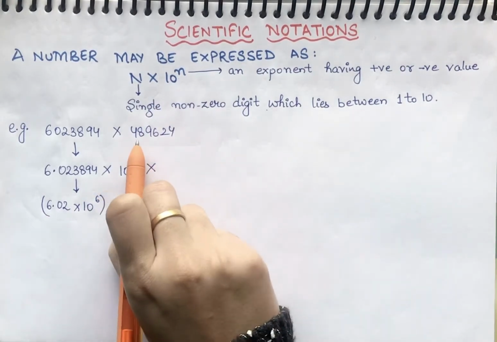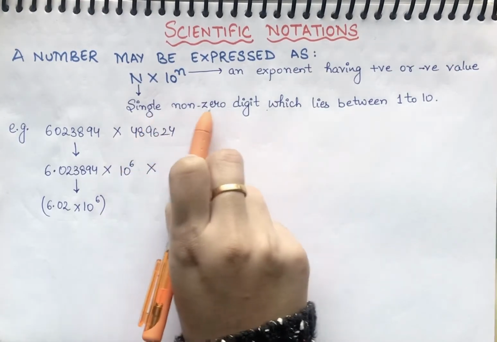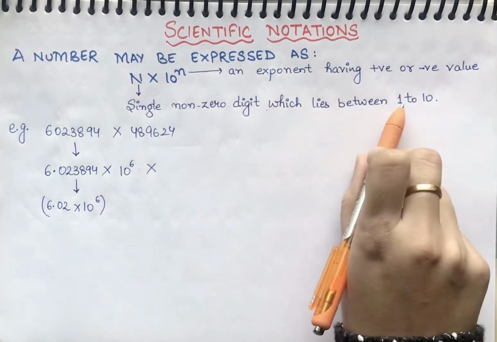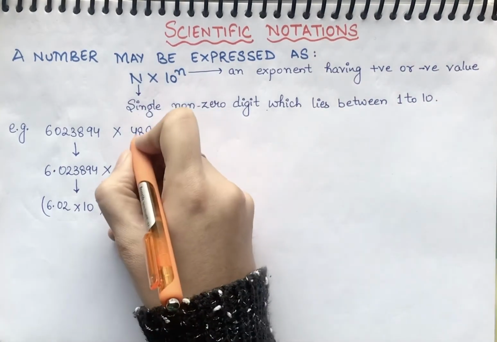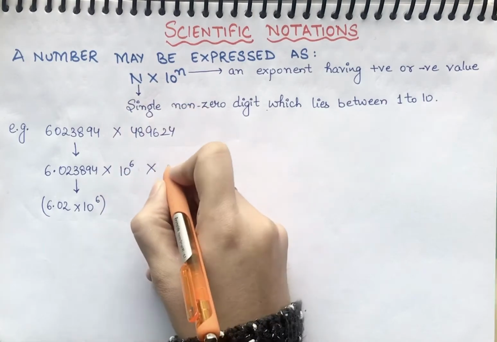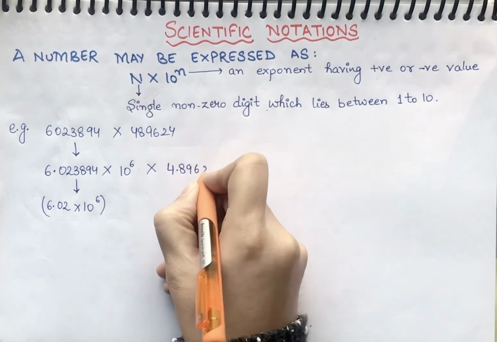Now let's convert this value. I know that there should be a single non-zero digit which lies between 1 to 10 if I want to simplify this value. So I'll simply put the decimal over here, so it will be 4.89624.